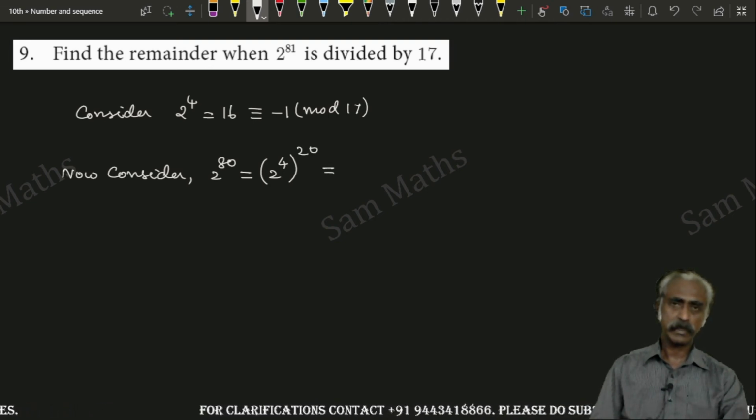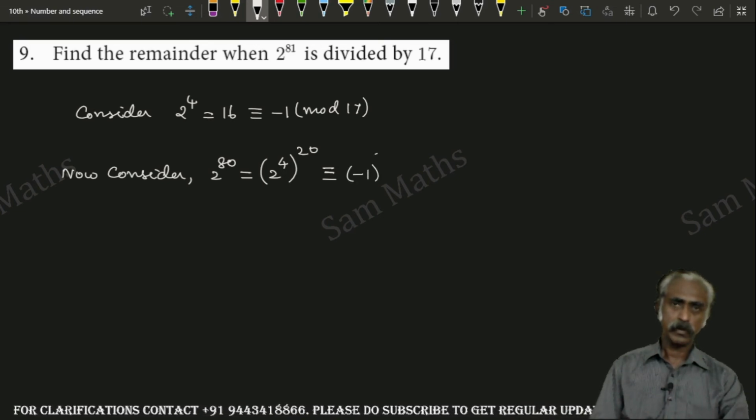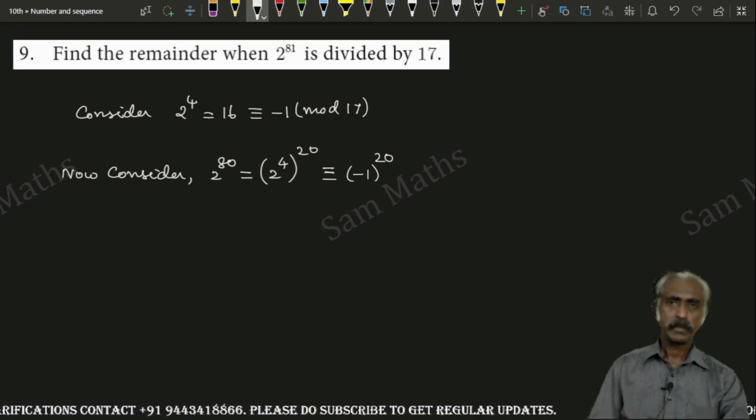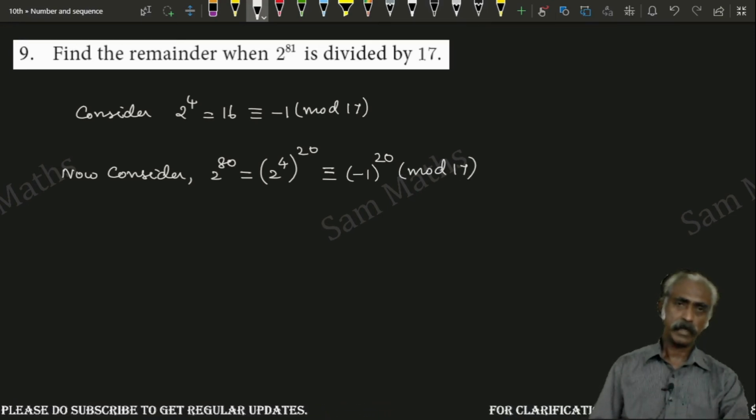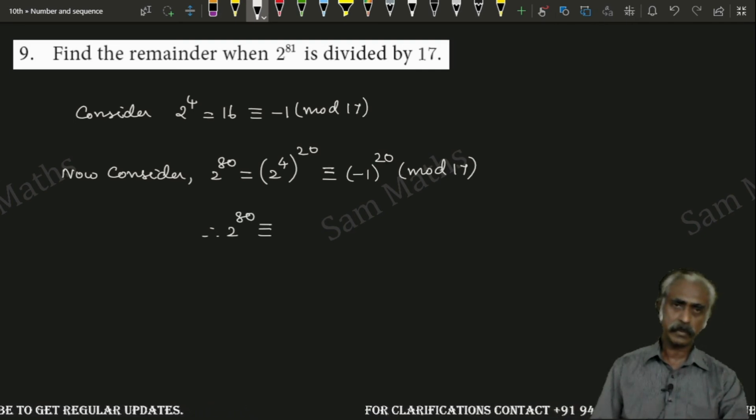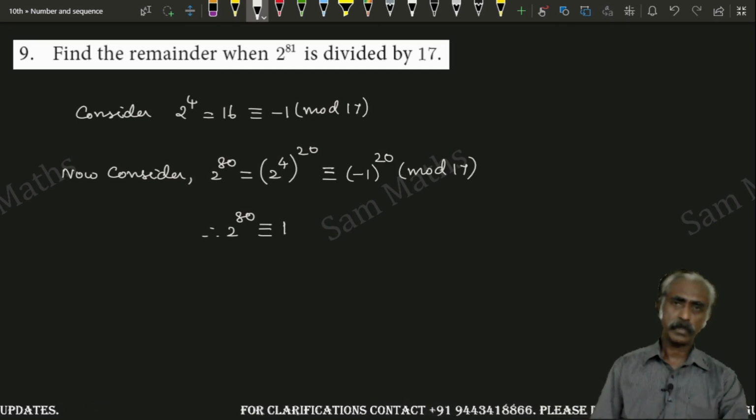This is congruent to minus 1 whole power 20, mod 17. So you can simplify this. Therefore, we are getting 2 power 80 is congruent to minus 1 whole power 20, which is 1.